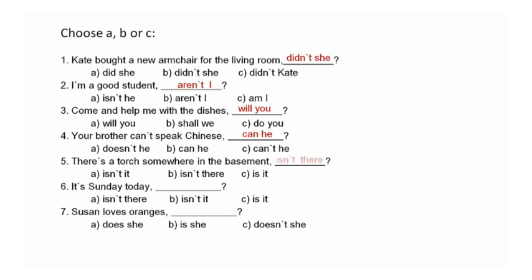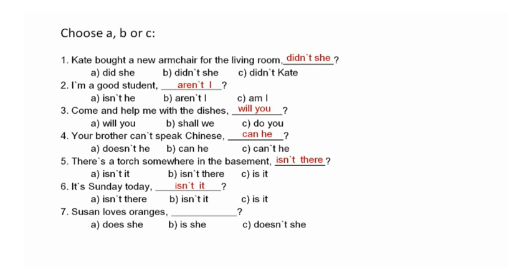The correct answer is isn't there. Number 6. It's Sunday today. What do you think is the correct answer for this one? Isn't there? Isn't it? Or is it? The correct answer here is isn't it?